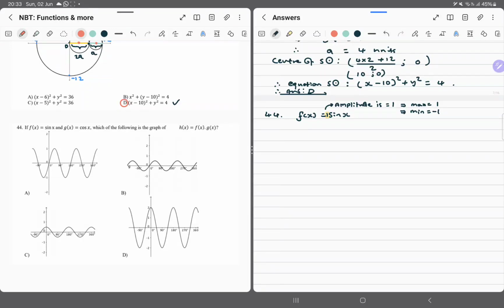All right, that's fair. And then the angle itself has an invisible 1 also as a coefficient. So the period T is going to be the original period of a sine graph over that coefficient, which is 1. And that gives us 360 degrees.